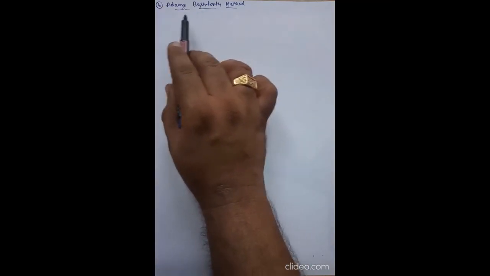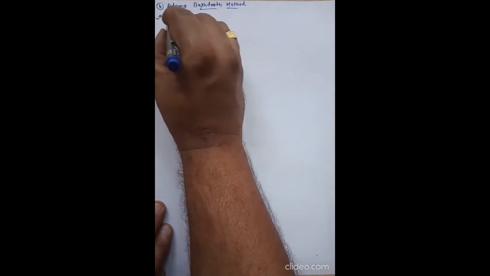Okay, so now we shall solve the same problem by using the second method, that is the Adams-Bashforth method. Same procedure, you have to change only the formula. First, as usual, we start with the predictor formula.